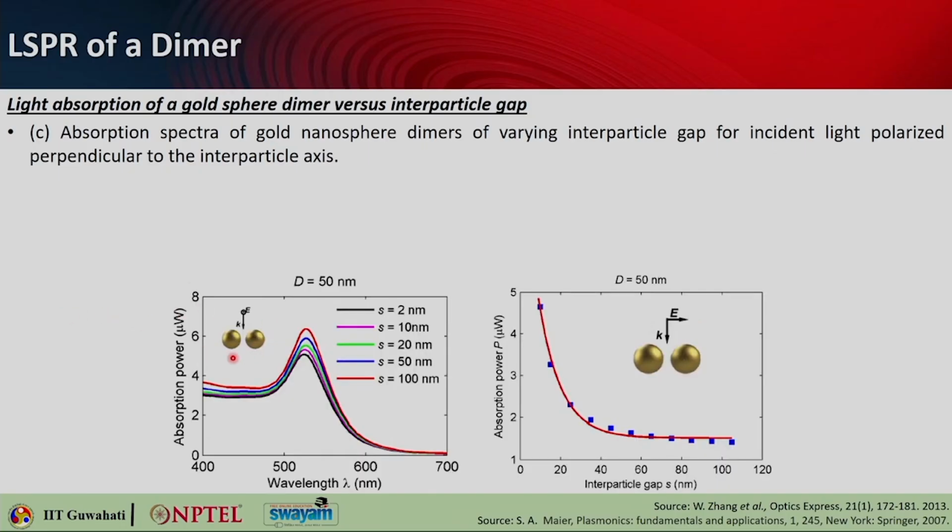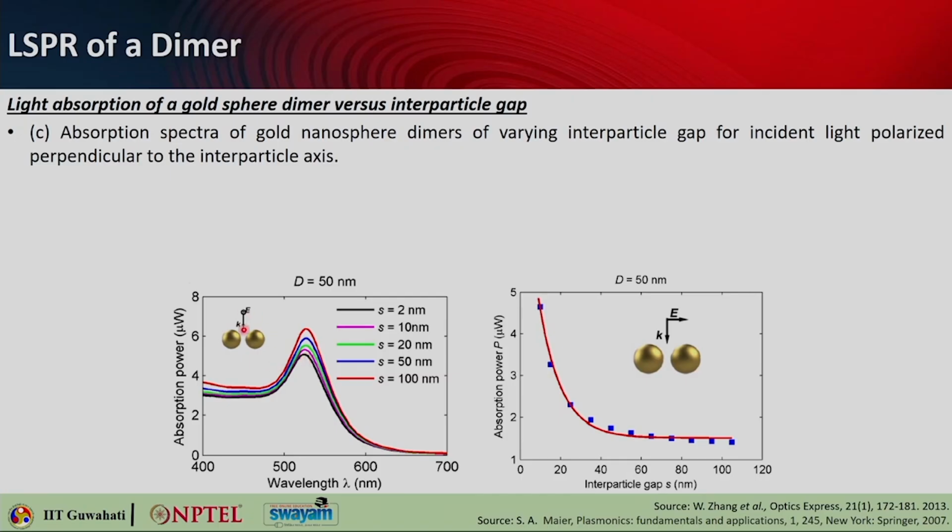But for the same particle dimer, if you change the electric field direction, perpendicular to the dimer axis, you will see that the change is not that significant. It only increases, or to some extent for small s, it even gets weaker.